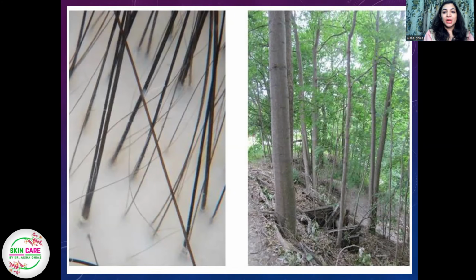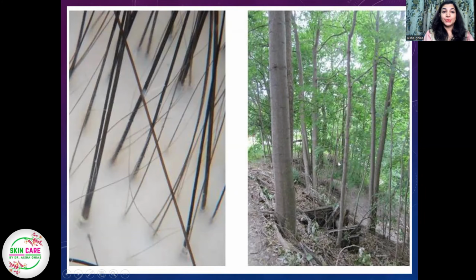I have symbolized this with the picture of the trees on the mountainside. You can see different caliber of trees, the thinner ones, the middle thickness, and the thicker ones. So this is just to make you memorize the picture so that whenever in clinical practice you forget the androgenic alopecia trichoscopic changes or the trichoscopic markers, you just think about this picture of the trees.